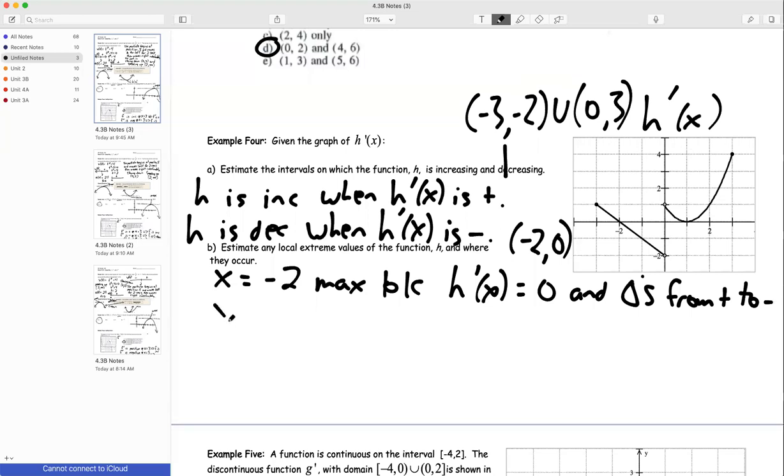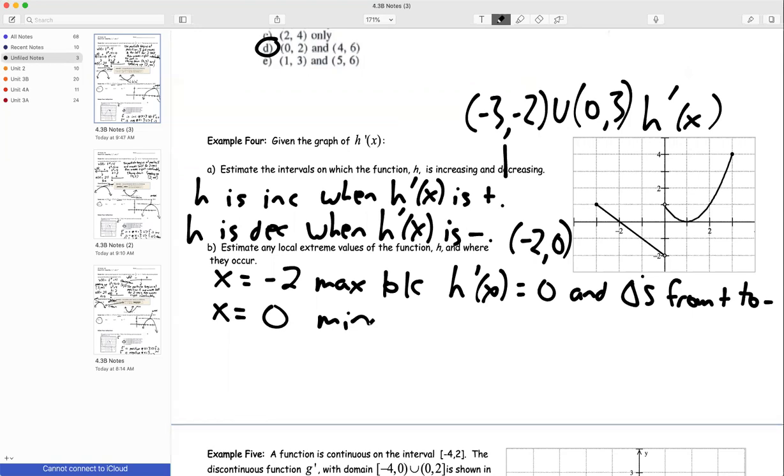Okay, next up is x equal to 0. And I know that x equal to 0 is a minimum. Why is it a minimum? Because look up here. We said that it was decreasing from -2 to 0, and then it is increasing from 0 to 3. So it was going down, and then when it gets to 0, it goes back up.